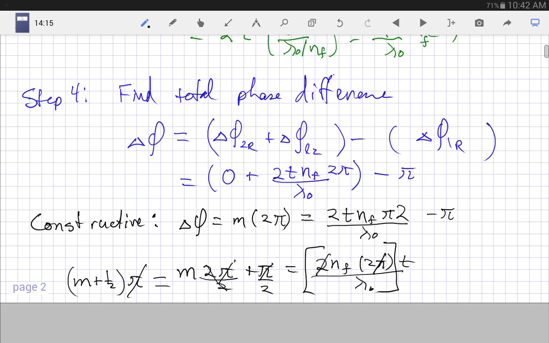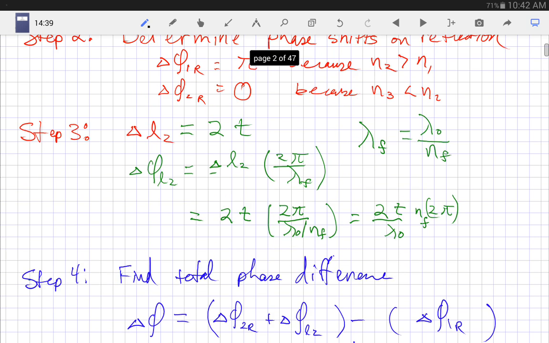So my last step: thickness turns out to be m plus 1/2 times the wavelength over 2 times the index of refraction of my film.